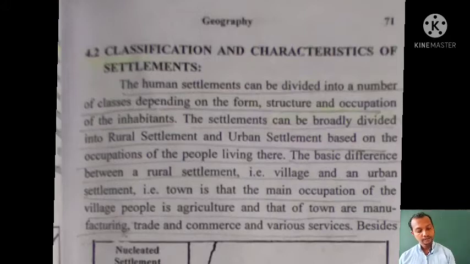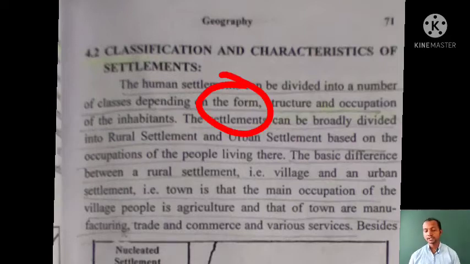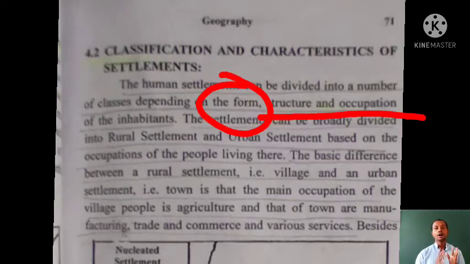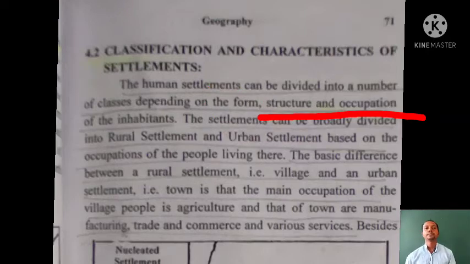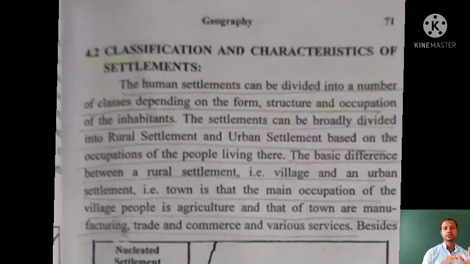Now if we look at the classification and characteristics of human settlement, dear friends, it can be based on the forms, the structure, and the occupation of the inhabitants. Inhabitants means the people who are living there.